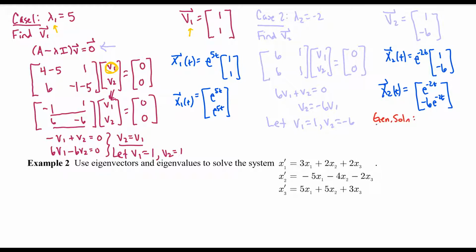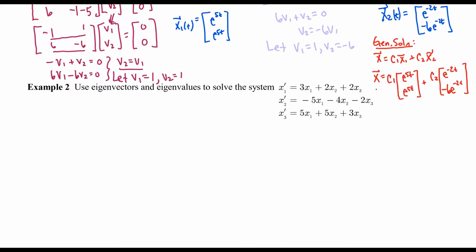Our general solution then looks like x bar equal to c sub 1 x1 bar plus c sub 2 x2 bar. Or with a little more detail, that's c sub 1 times e to the 5t, e to the 5t, plus c sub 2 times e to the negative 2t, -6 e to the negative 2t.